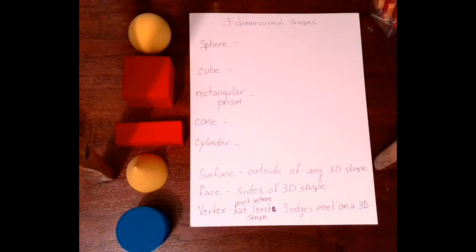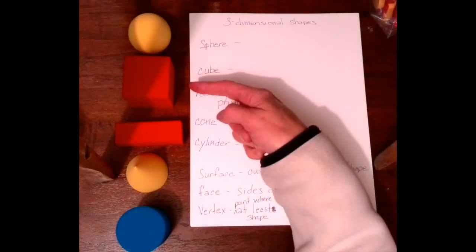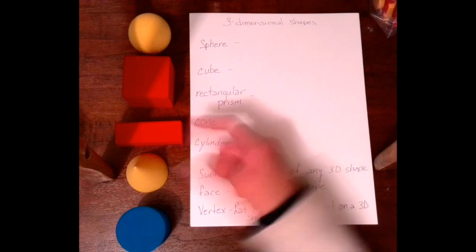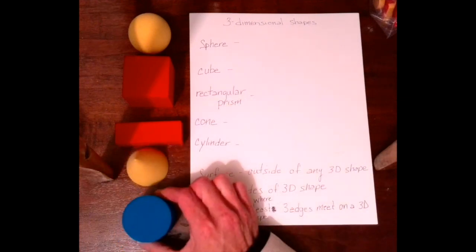So the 3D shapes that we are going to explore would be the sphere, the cube, the rectangular prism, the cone, and the cylinder.